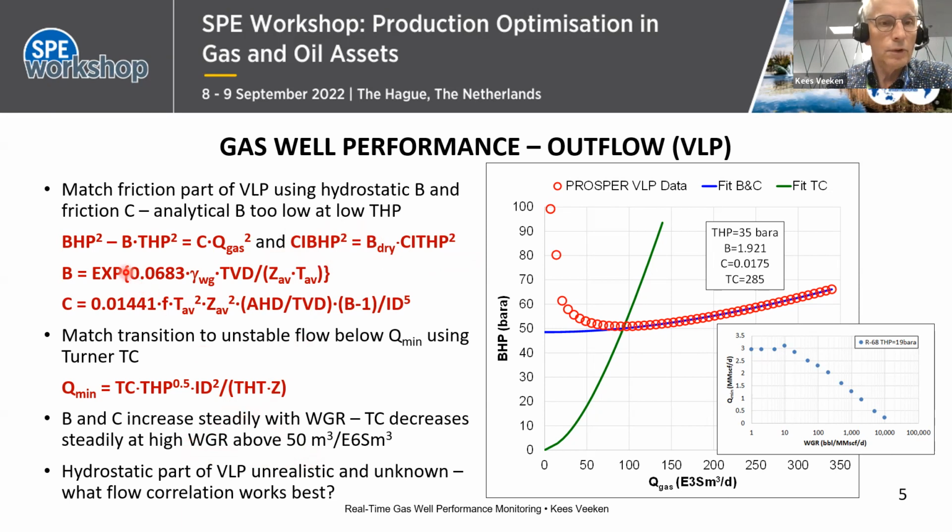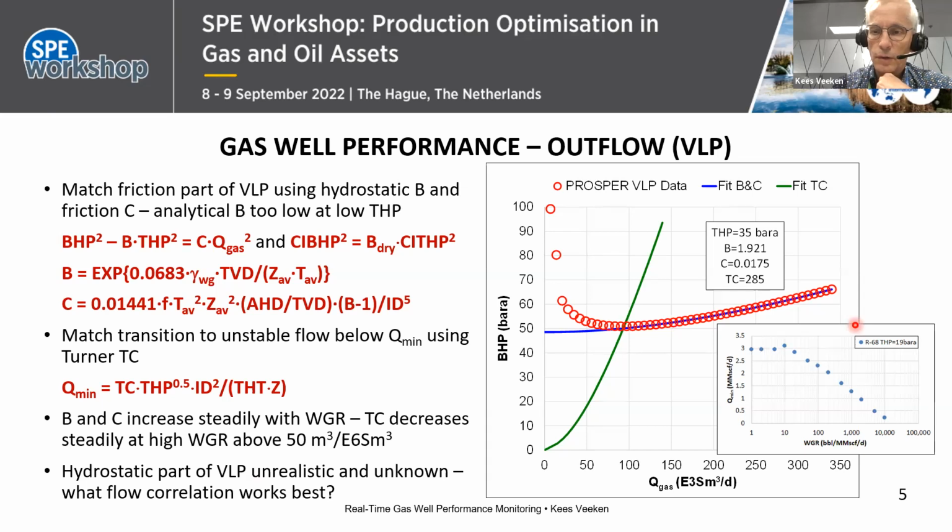Now obviously B and C are approximations. Reality is always a little bit different. And also this minimum rate expression is a simplification, especially if you have wells that produce a lot of liquids, so if your WGR really goes up a lot. That's the small figure that you see here.